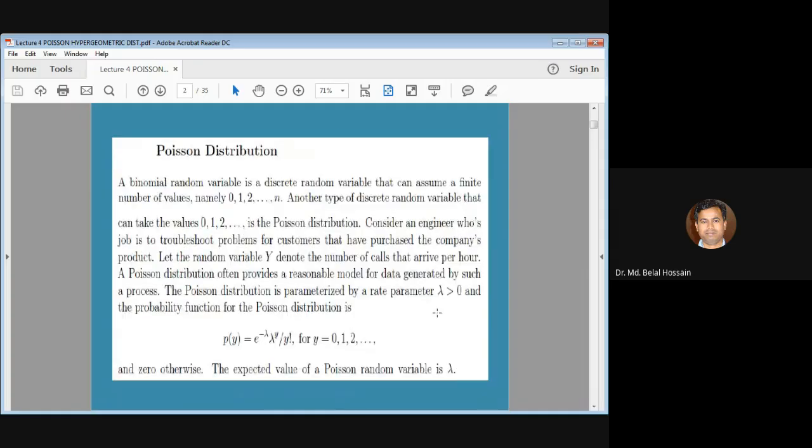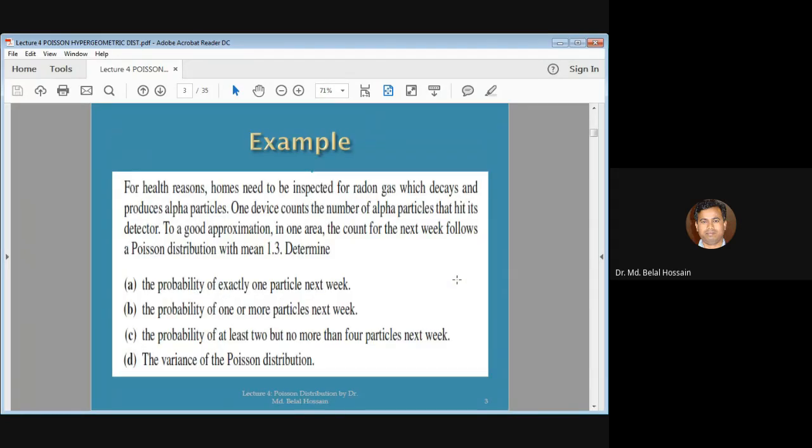So what is that rate? In this problem, it says how many calls are coming in an hour. We move on to a numerical problem here. Take some pen and paper, and a calculator if you have one. For health reasons, homes need to be inspected for radon gas, which decays and produces alpha particles.